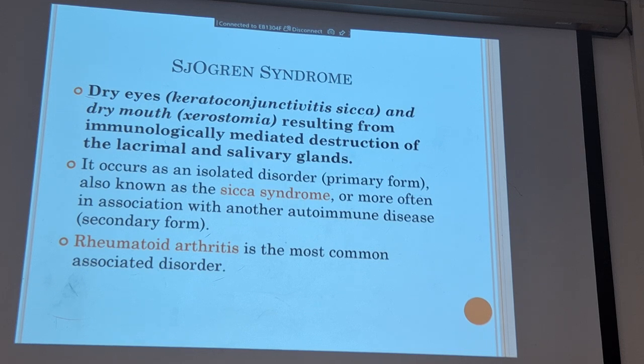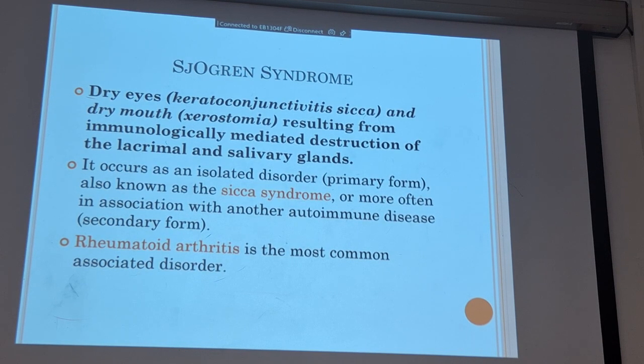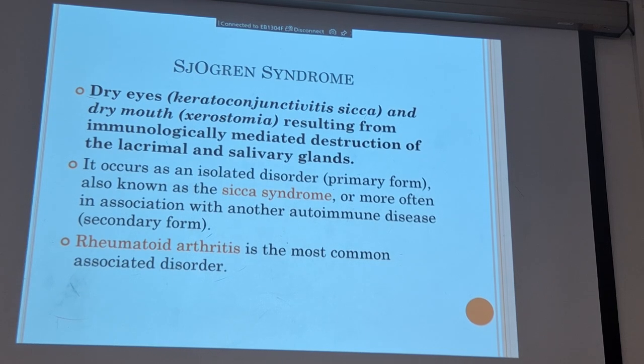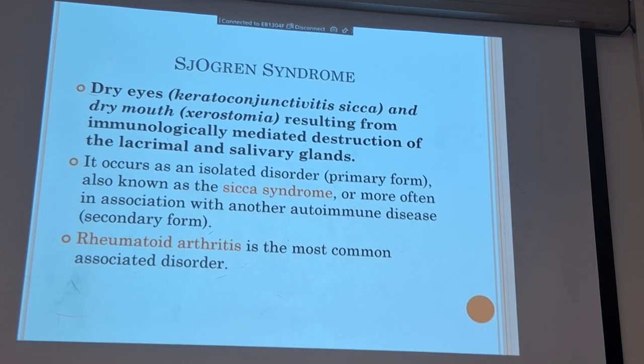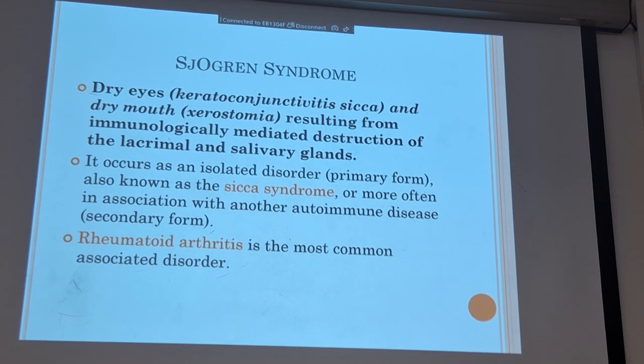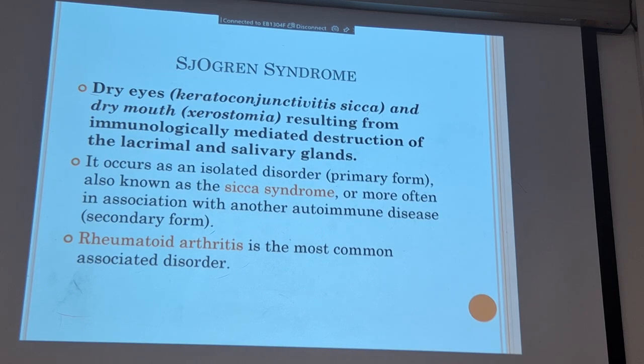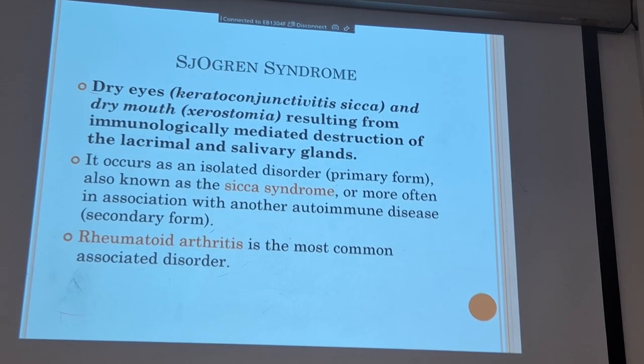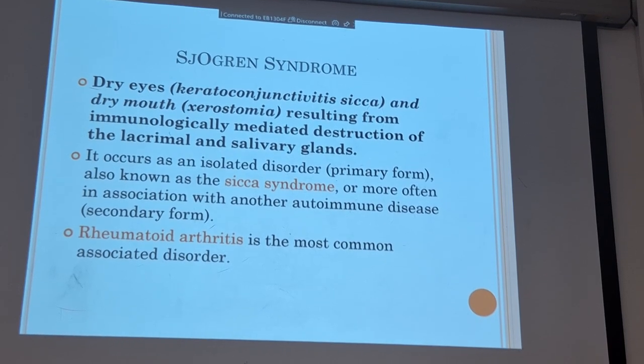The next disease is Sjogren's syndrome. In Sjogren's syndrome, what do we have? Dry eye, dry mouth. We have keratoconjunctivitis and xerostomia.